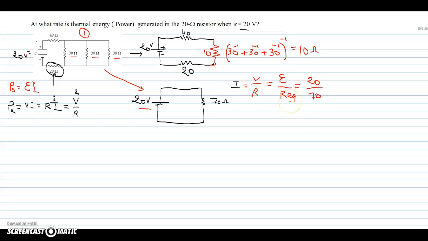Let's do the math. 20 divided by 70 is 0.286 amps.